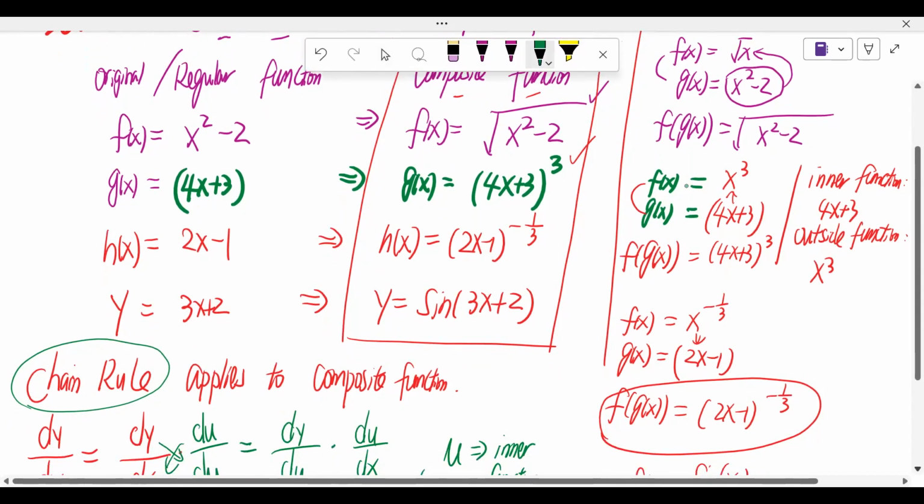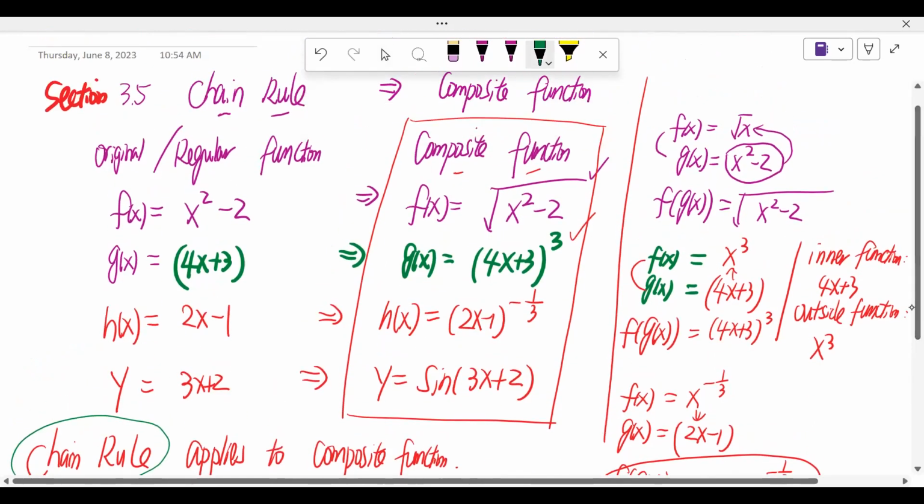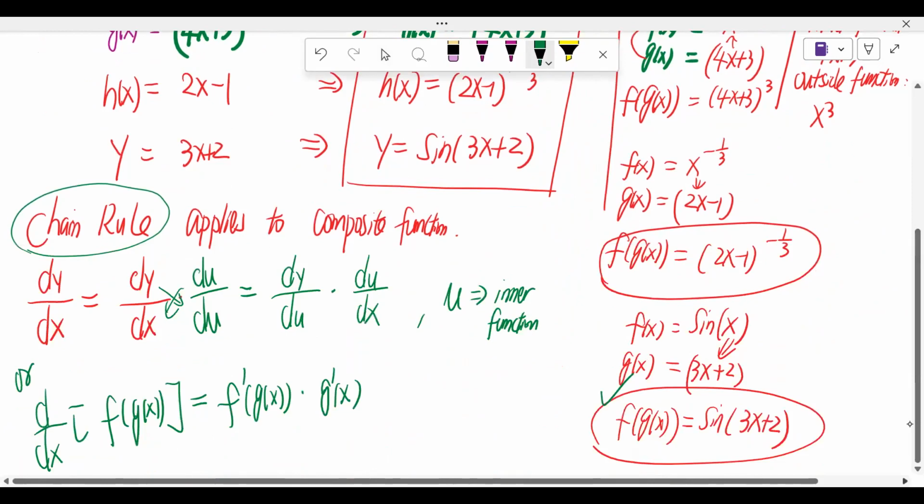I was asking specifically about the rule when you scroll down, the dy over dx. So why isn't it f of x prime times g of x prime? Oh, I see what you mean. Just different notations.